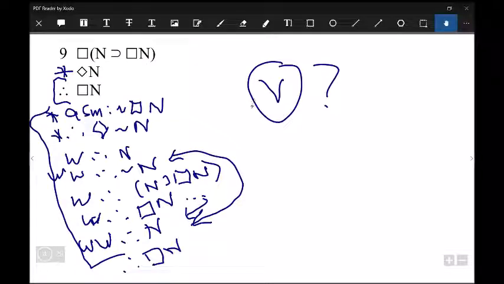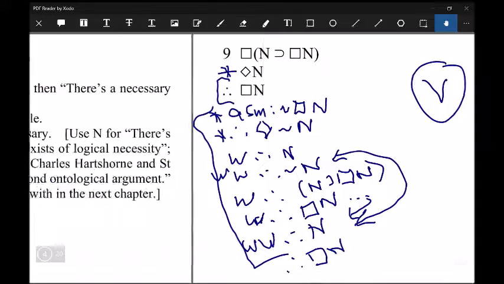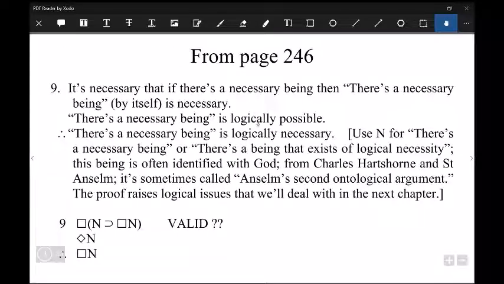So this is true in some systems, but not in others. So the peculiar thing about this argument is that to defend it, you need to do more than just defend the premises. You also have to defend a system of logic.